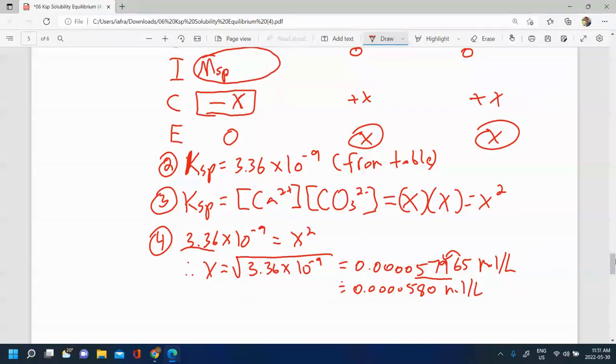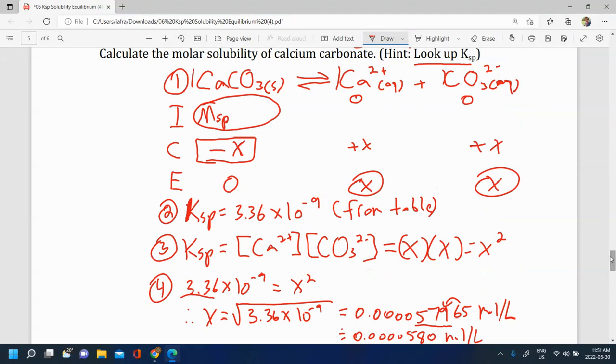So this is the x value that we found. That x value is the MSP, because remember, if we have MSP minus x is equal to 0, well then MSP must be equal to x. So that is the MSP.